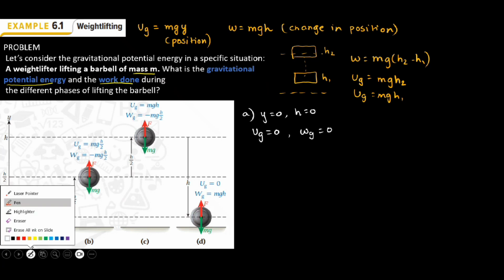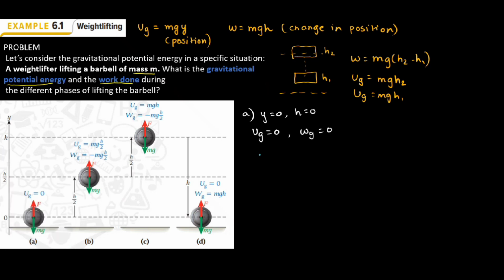Next, go to part B. In part B, my object is raised to a height of h by 2. So the potential energy of the object will just be mgy, and since we are raised to a height of h by 2, I will write this as mg h by 2. Work done by the gravitational force, on the other hand, will be negative mg h by 2.